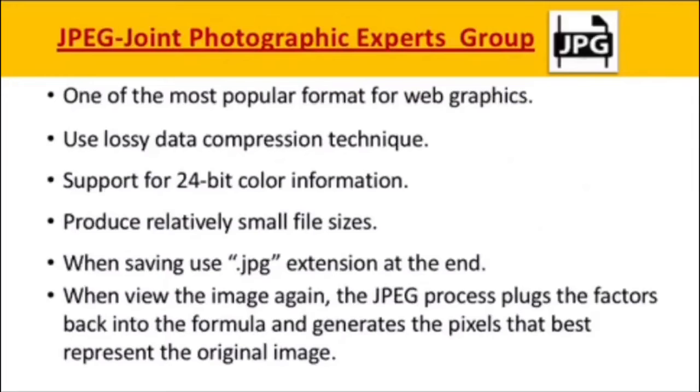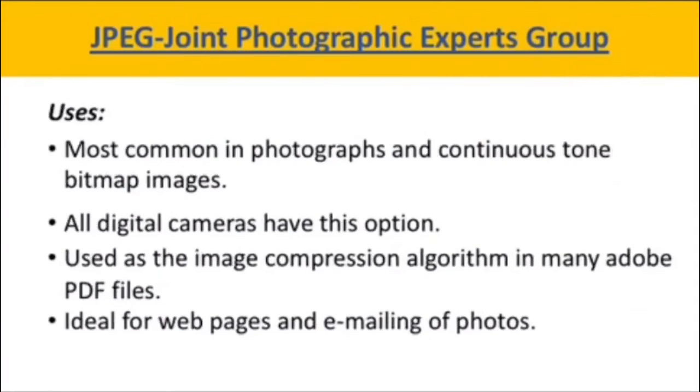When you view the image again, the JPG process plugs the factors back into the formula and generates the pixels that best represent the original image. JPEG is most common in photographs and continuous tone bitmap images. All digital cameras have this option. It is used as the image compression algorithm in many Adobe PDF files, and is ideal for web pages and emailing of photos.